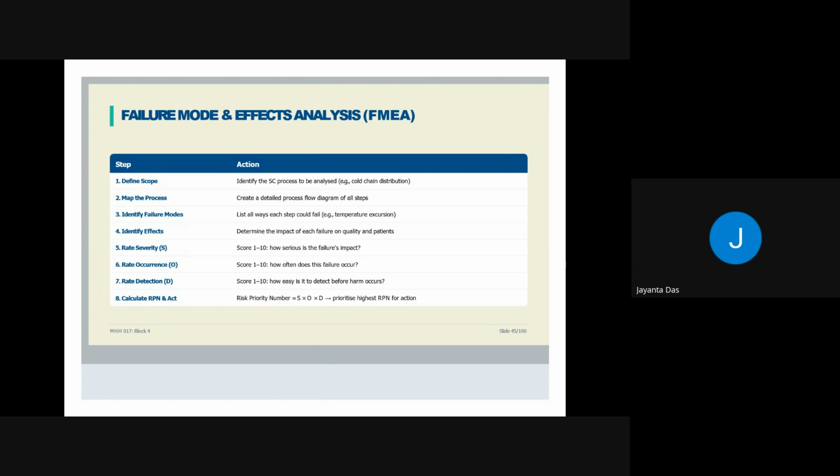By this, we can find out where these kinds of defects or deficiencies are occurring, how serious they are, and what corrective measures at what level we have to take. If we can do this properly, the defects and deficiencies can be reduced to a large extent.